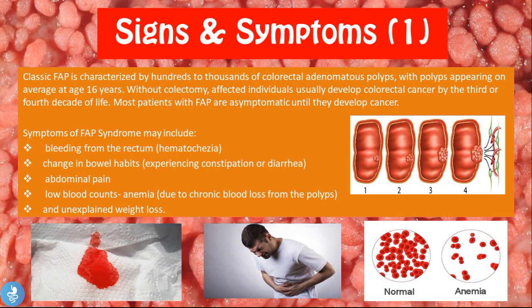Some symptoms of FAP syndrome may include bleeding from the rectum, which is called hematochezia, a change in bowel habits with patients experiencing constipation or diarrhea, abdominal pain, low blood counts, which is anemia due to chronic blood loss from these polyps, and unexplained weight loss.